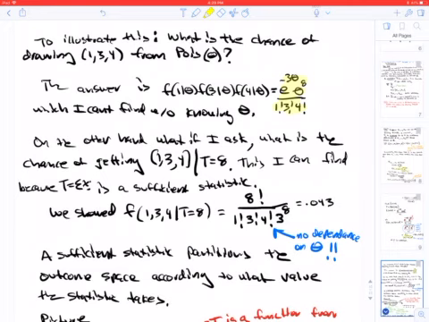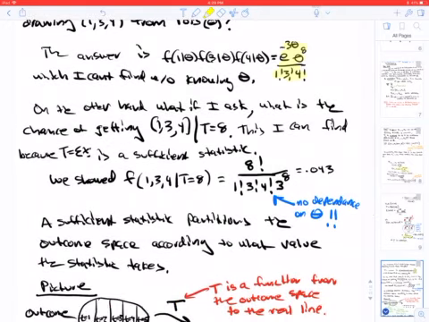And well, I don't know what that is because I don't know what theta is, so I can't answer the question. However, if I ask what is the chance of getting 1, 3, 4, given that the sum of my draws is 8, well, this I can find because t is a sufficient statistic.